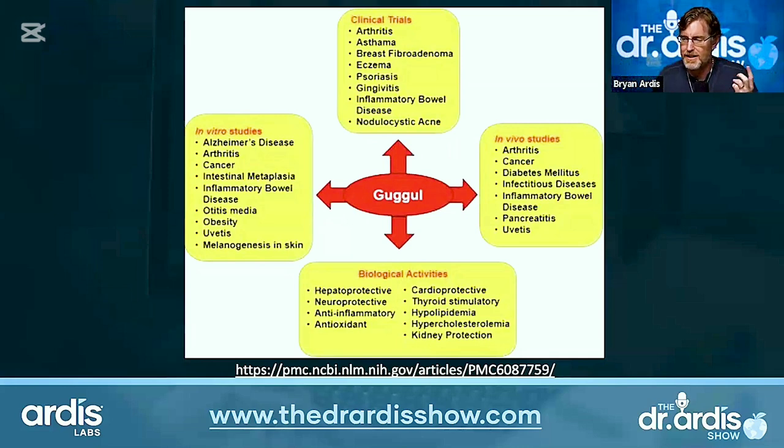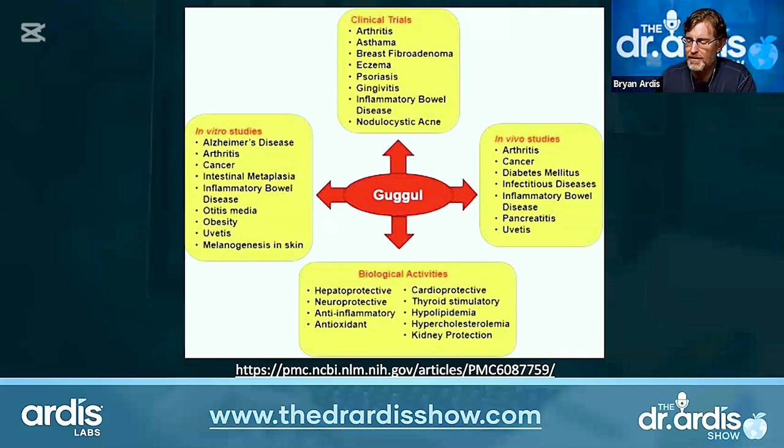They saw improvements in Alzheimer's, arthritis, cancer, intestinal disorders, inflammatory bowel disease, otitis media, hearing issues, obesity, and uveitis, iritis, eye inflammation. And then melanomas in the skin. How many of you knew that? And then in human studies and animal studies, they found arthritis improvement, cancer, diabetes, infectious diseases, inflammatory bowel disease, pancreatitis is improved with Guggul, and eye inflammation.